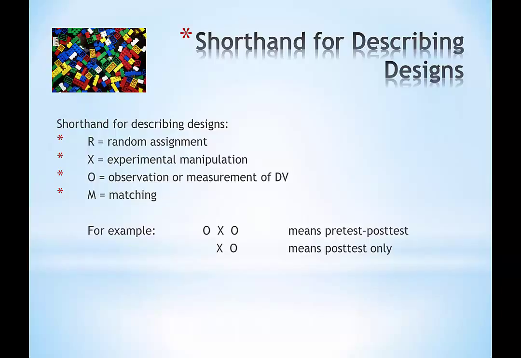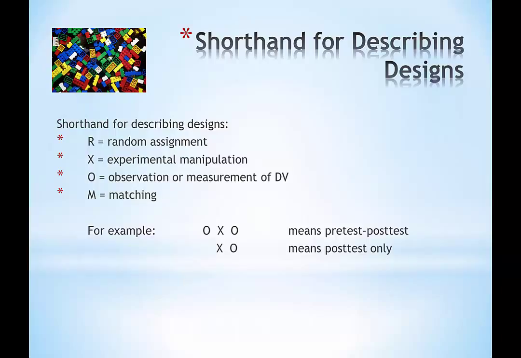And so you'll hear this called a post-test only design, or sometimes just after. So remember that top line, OXO, pre-test, post-test, or before and after. And XO is the post-test only or just after. So again, remembering those four letters there will help us with the shorthand for what's to come.